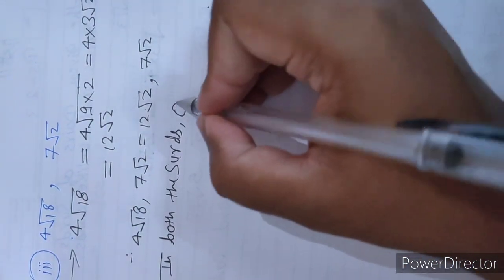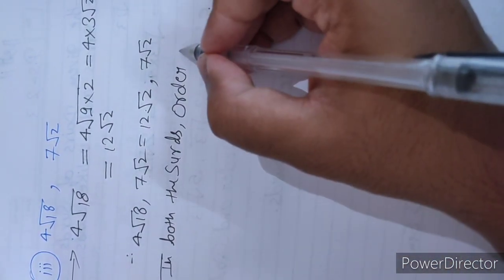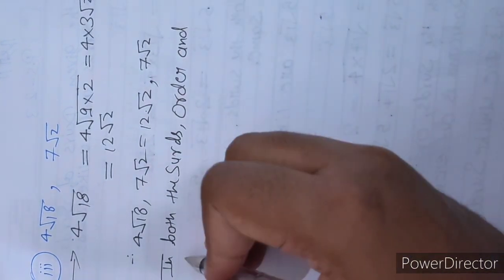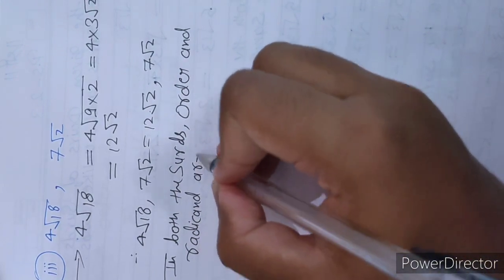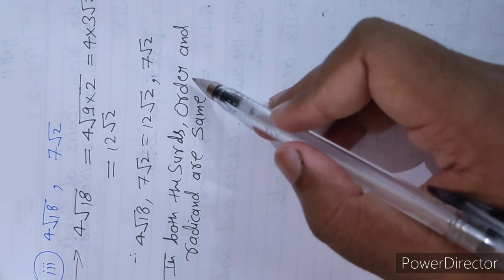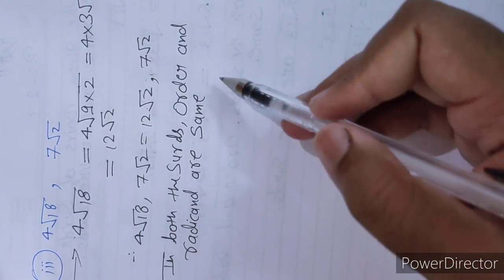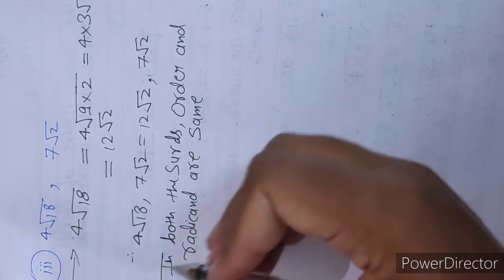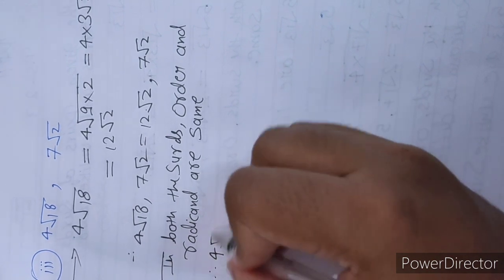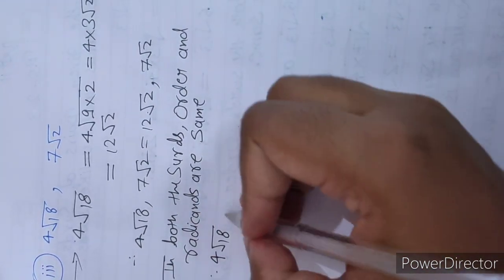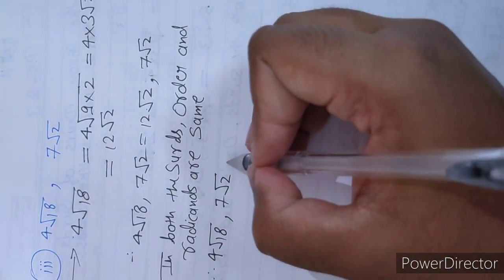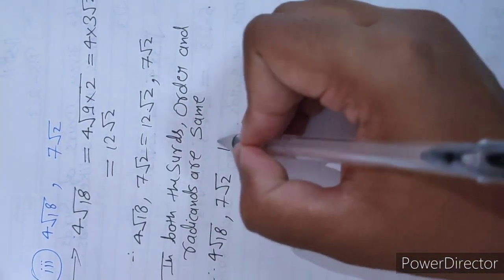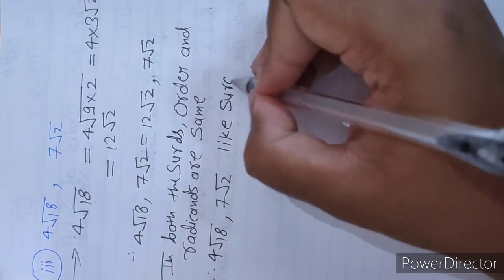So here we will write order and radicand are same. In both the surds order and radicands are same. So 4 root 18 comma 7 root 2, both are same. So here we can conclude that these surds are like surds.